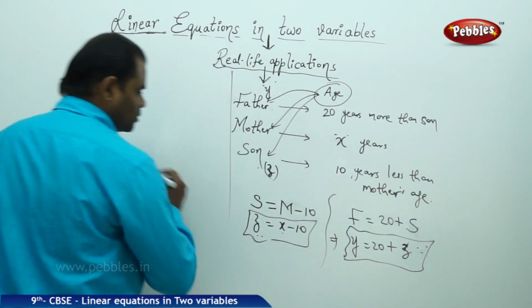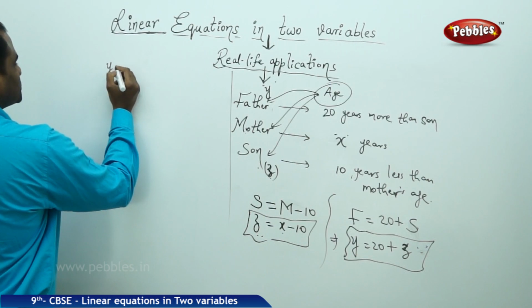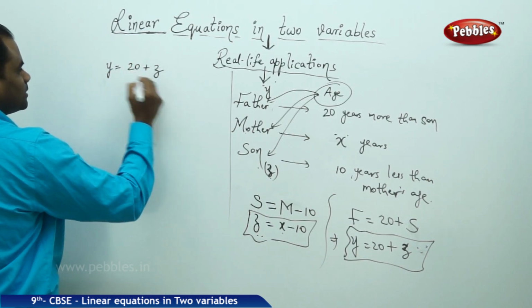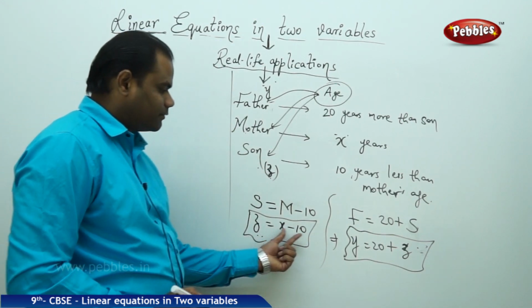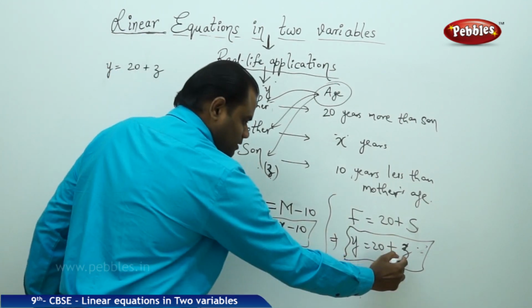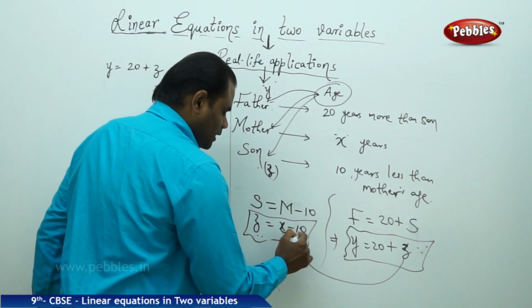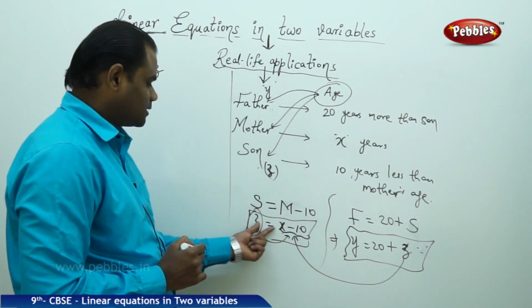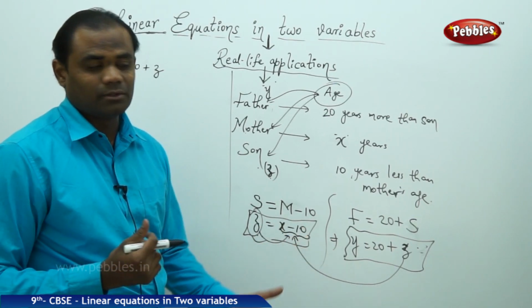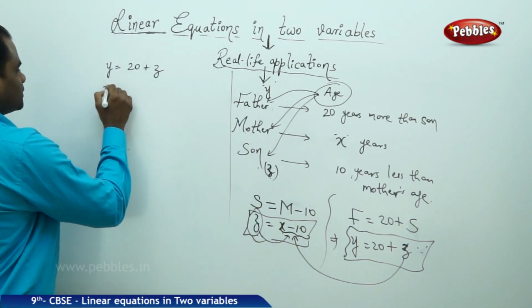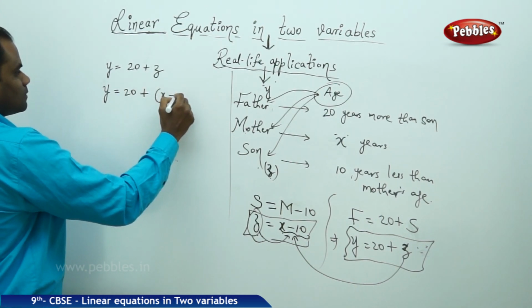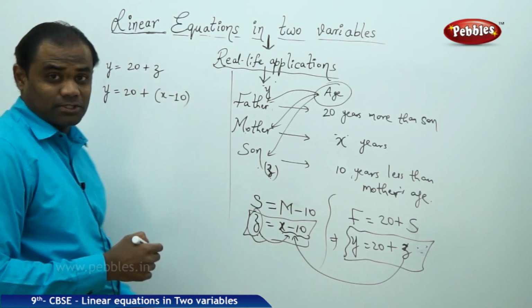Taking the second equation, which connects father and son's age, y equals 20 plus z. I have my z, which is x minus 10. So in place of z, I substitute the value x minus 10. Because I have my z, I simply substitute the value in the equation. So I get this to be 20 plus x minus 10.